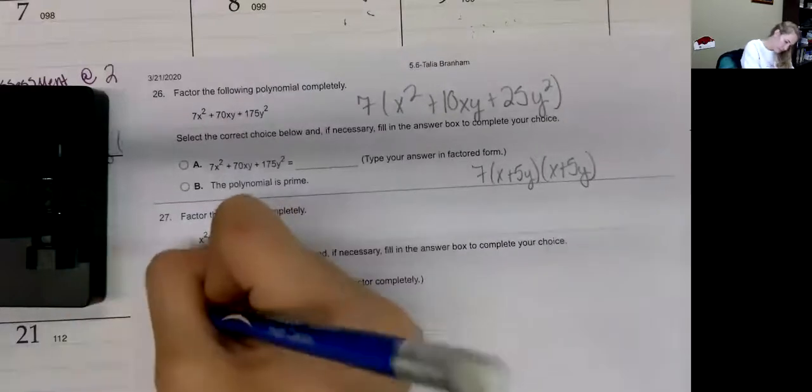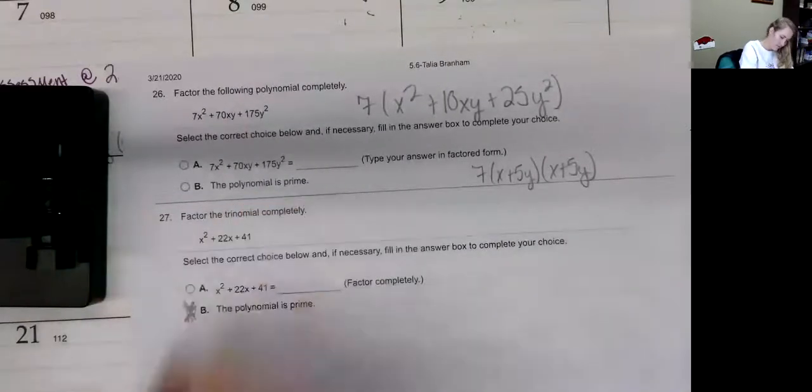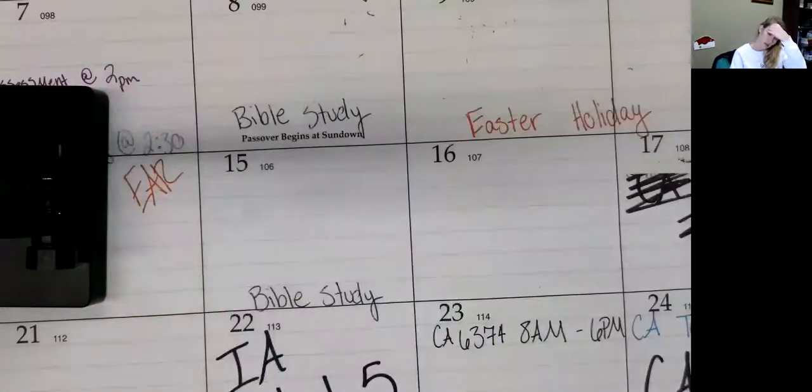It's prime, because 41 plus 1 is 42. Holy smokes. That was so fun.